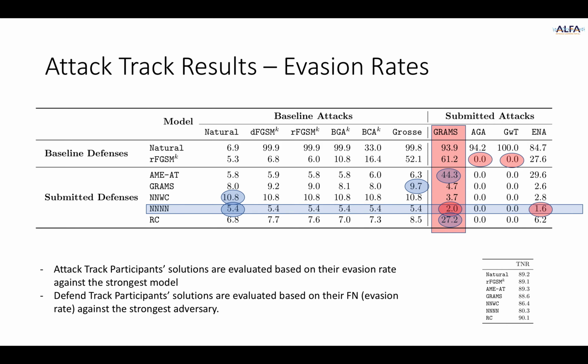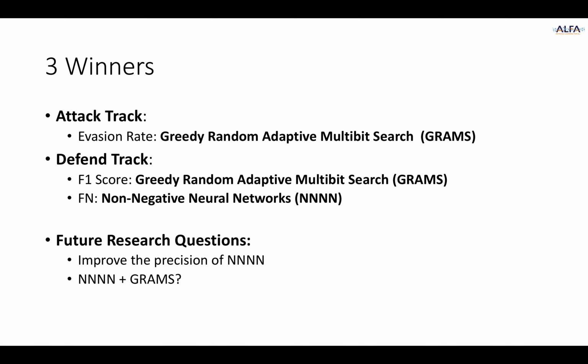And so that's the winner in this track, the evasion rate. All right, and so in summary, we have 3 winners. For the attack track, evaluated based on the evasion rate, the Grams method seems to be the most effective one.